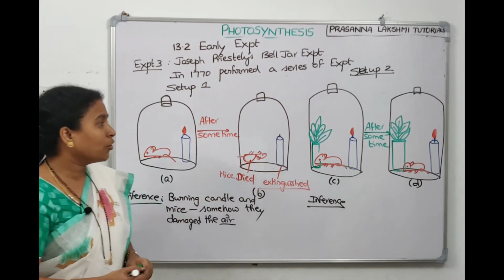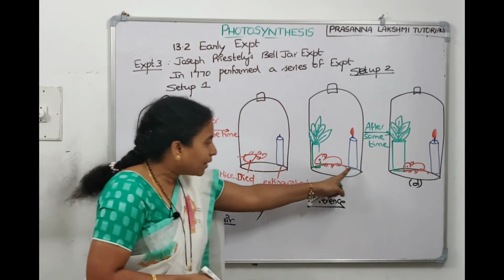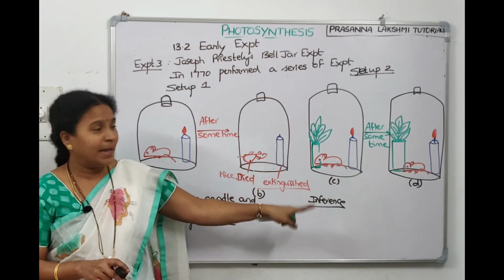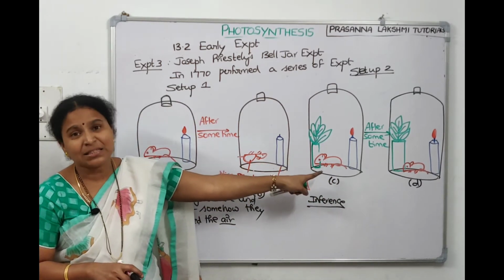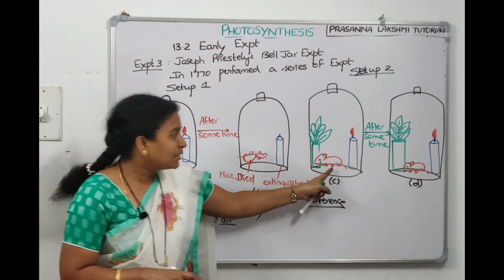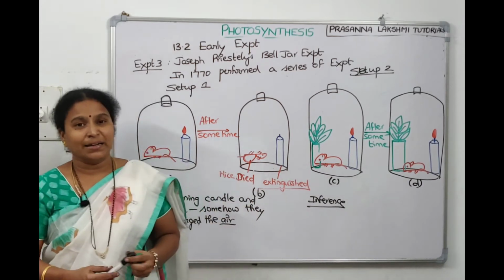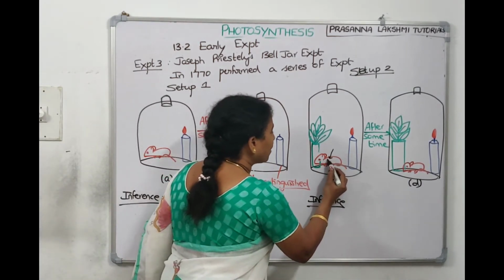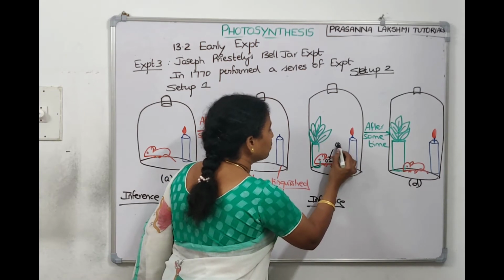Whereas here he told that whatever the burning candle and the mice have taken from the air, the plant has released it and the air became normal now. Because of that, the mice is alive, the candle is still lit. Okay, come on, tell me, what will this mice do? The mice will take O2 and release CO2.